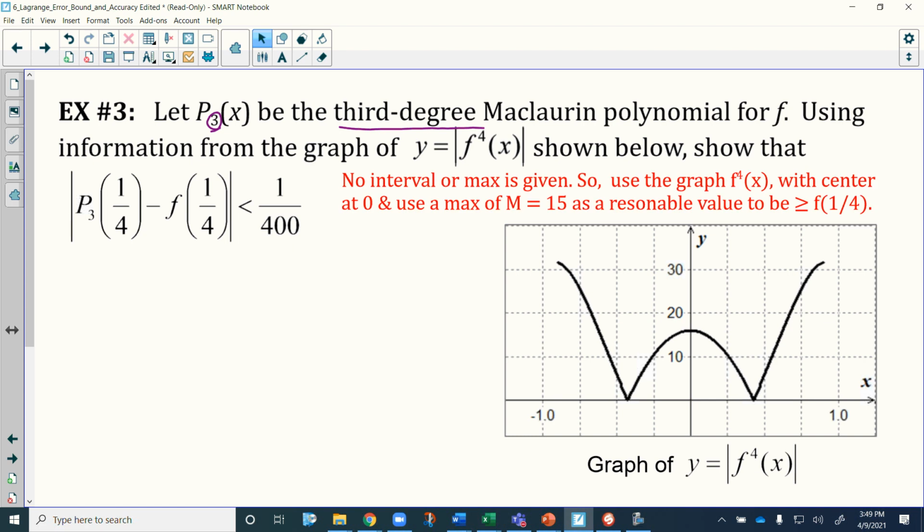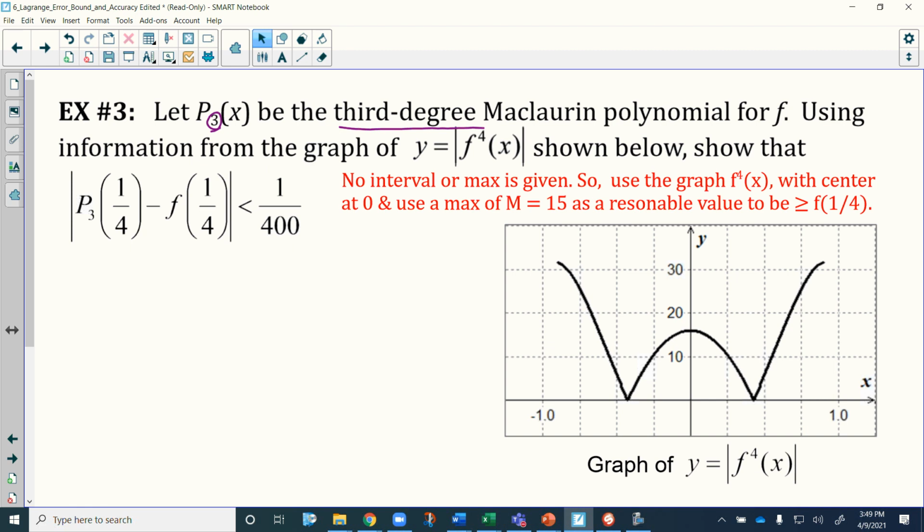Since no interval or maximum is given, I'm going to use the fourth degree polynomial function with center at 0. And in this case, I'm going to use a maximum of 15, where we have that local maximum. I'm just kind of approximating it on that quadratic portion there as a reasonable value to be greater than f of 1/4. Okay. So how are we going to take a look at this?